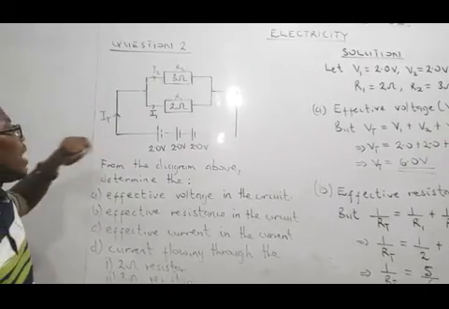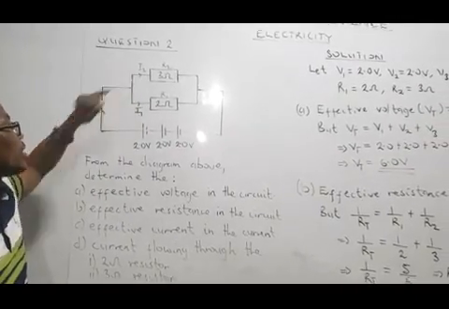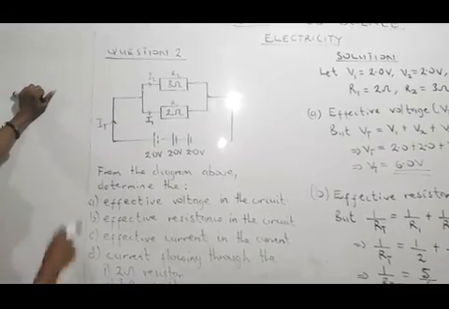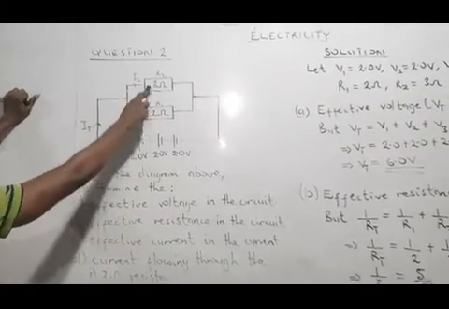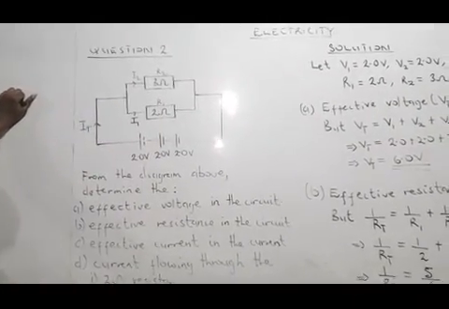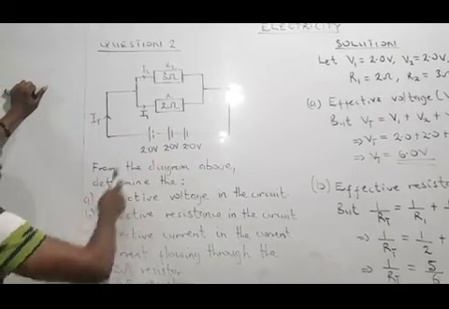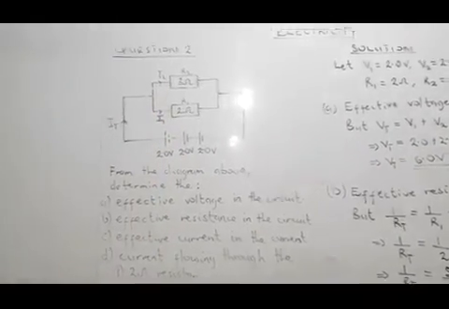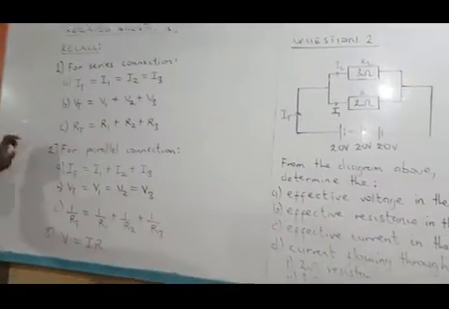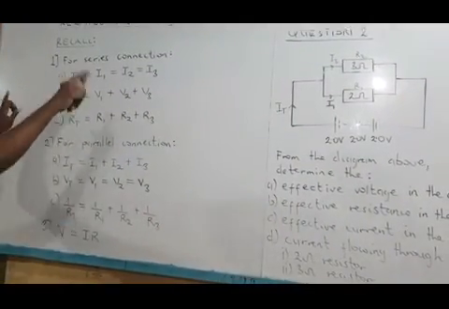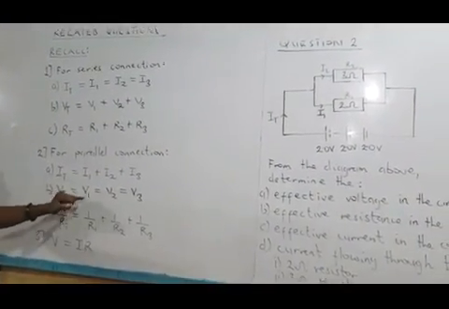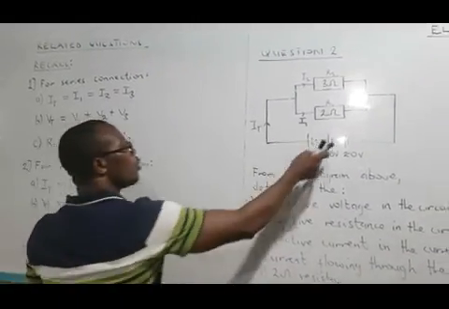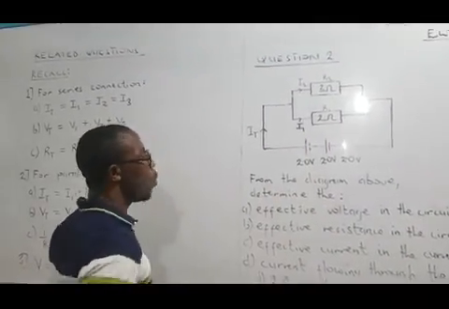Okay, so how do you determine the current flowing through each of these resistors? Don't forget that we said for parallel arrangement of resistors, the total voltage is the same as the voltage across each of the resistors. So we have determined the total voltage here, which we said is 6 volts.